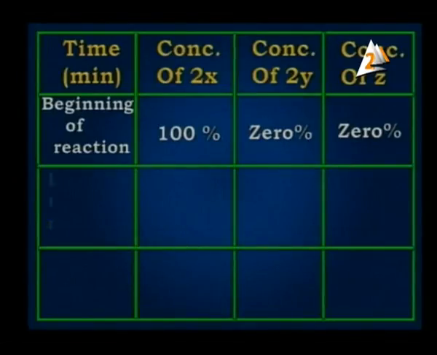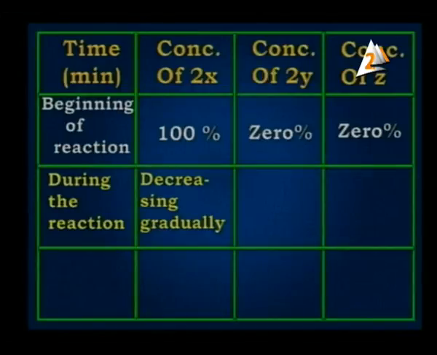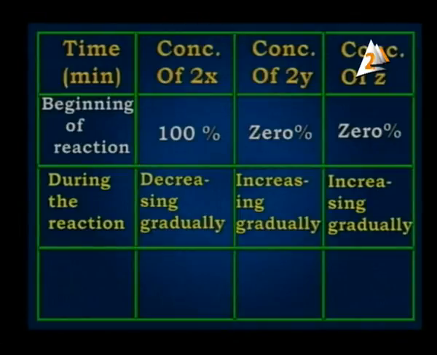we have no product. Second one, during the reaction, during time, the concentration of 2x is decreasing gradually. I need to know decreasing or increasing, just that. The product is increasing gradually. Z and 2y increase, and 2x decreases gradually during the time.